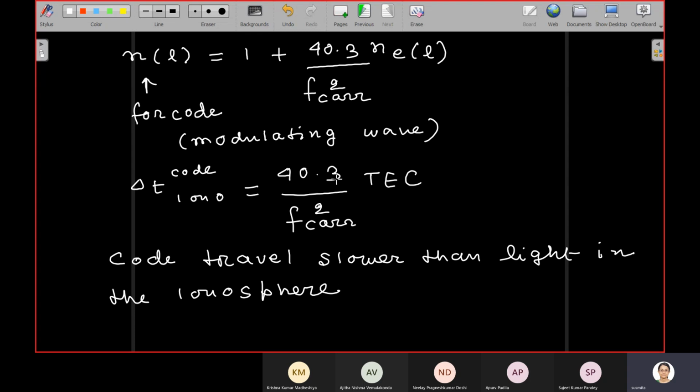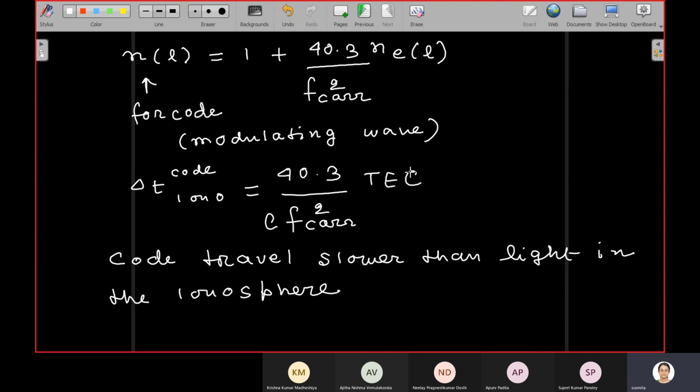So 40.3 is a constant. Carrier frequency is known. The only unknown here is the TEC. C, the speed of light in a vacuum, is also known to us. Only unknown is this one. Right?